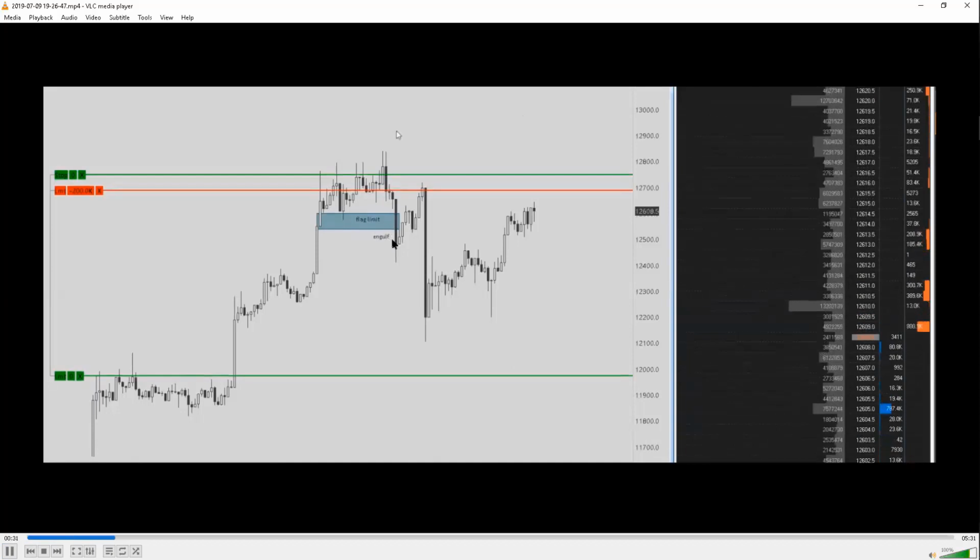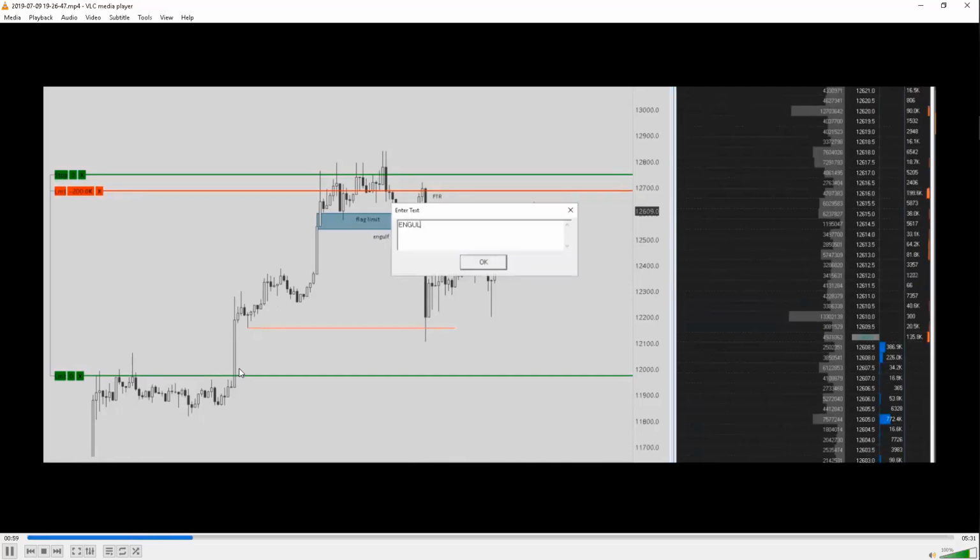It's engulfed here. It's retraced. When it broke this low, which is marked out in red, it's failed to return. It's also engulfed this low here, and there's nothing in the way of price.